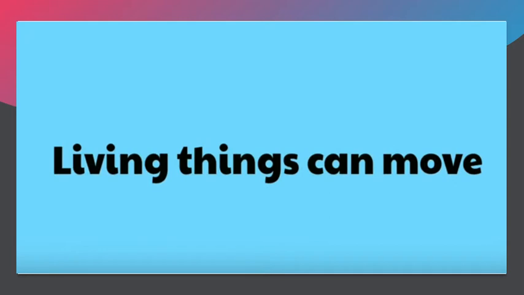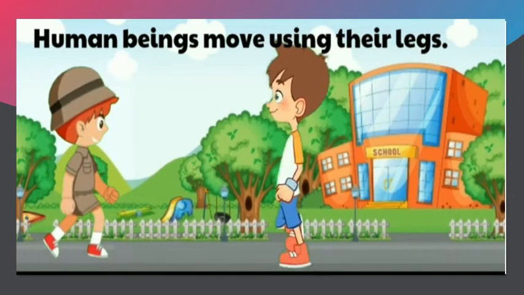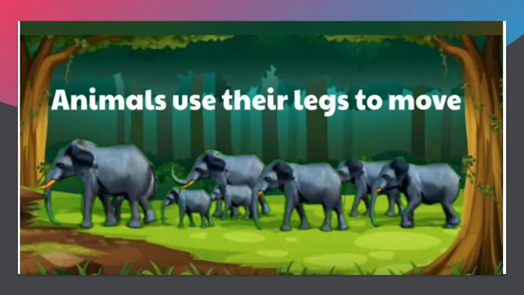The first important feature of living things is that living things can move. Human beings move using their legs. Animals also use their legs to move.